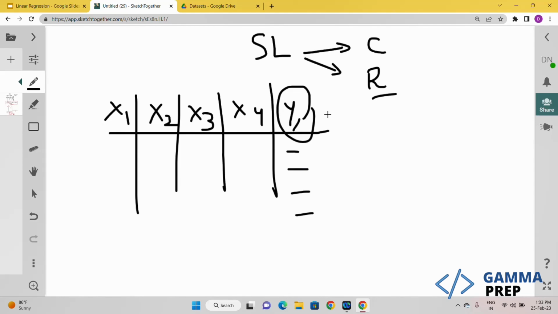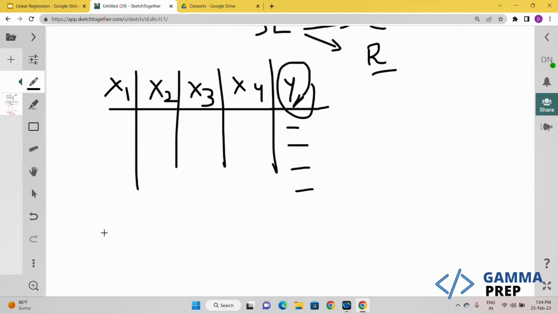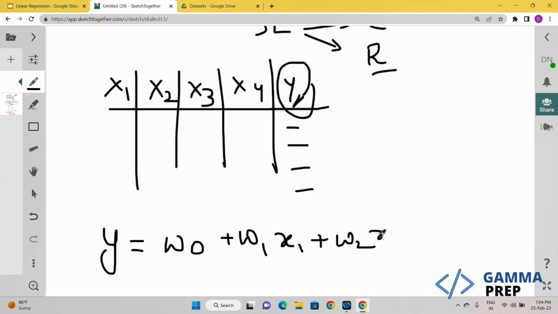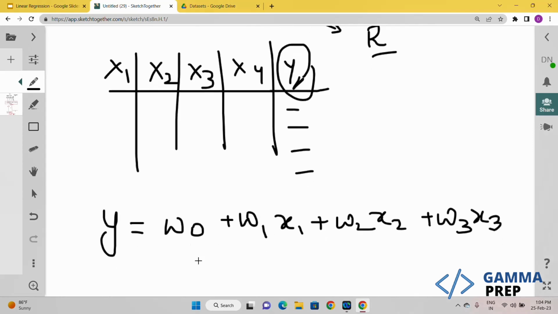what linear regression means. Linear regression means that our y is linearly dependent on x1, x2, x3, and x4. So the model that we will get is y equals w0 plus w1 x1 plus w2 x2 plus w3 x3 plus w4 x4.